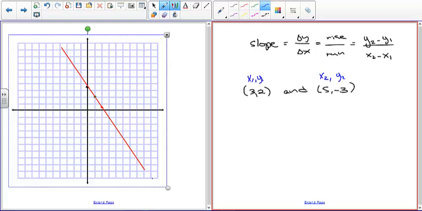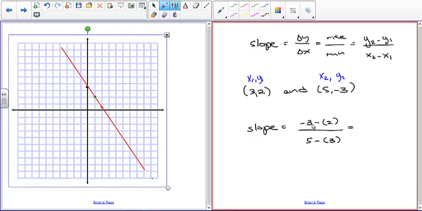So that's just a matter of plugging into the formula. So we have y2 is negative 3, y1 is 2, x2 is 5, x1 is 3.